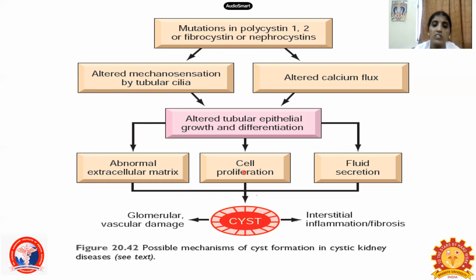This can further permit abnormal cellular proliferation, abnormal matrix deposition, and abnormal fluid secretion. All these would contribute to cyst formation. So this is the general pathogenesis of cystic disease of the kidney, which you have to remember.